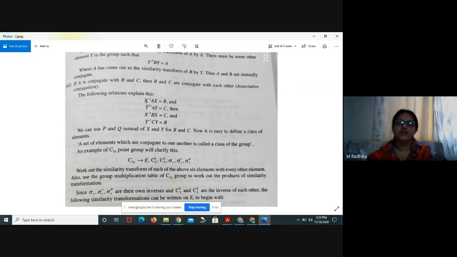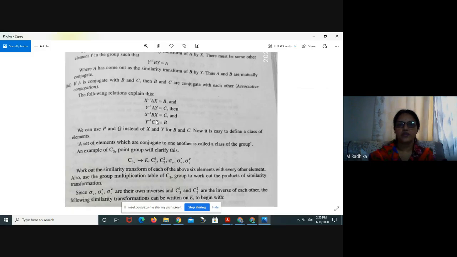Again, you have to write x inverse A x is giving B, then y inverse A y is giving C. That means A is conjugate with B, A is conjugate with C. Then B will be conjugate with C, that is what we are showing here. Naturally, C will be conjugate with B. So you can put the same x's here, or you can replace them with P and Q instead.